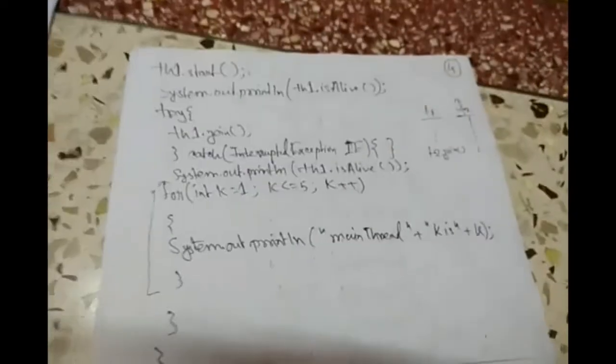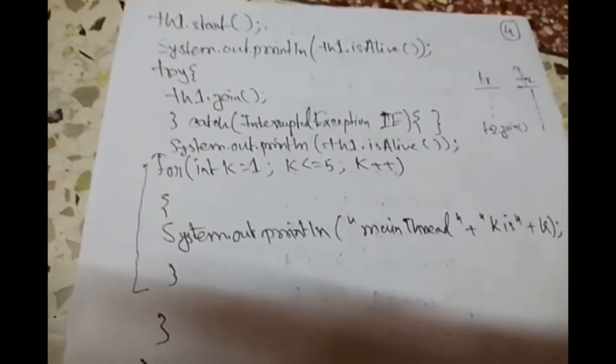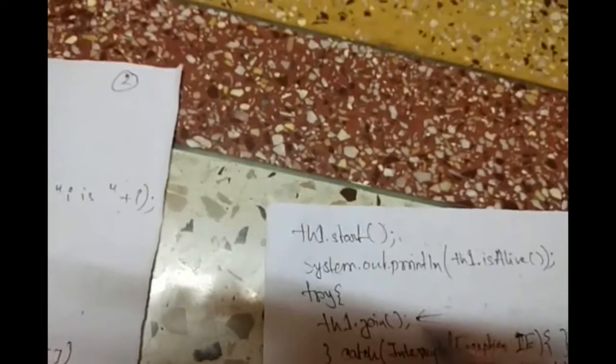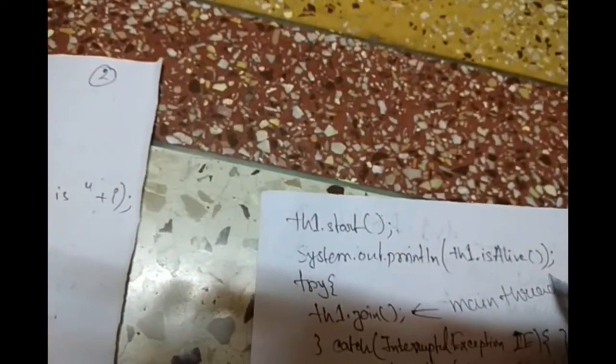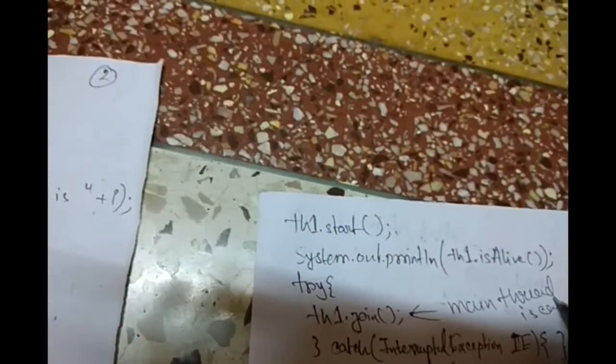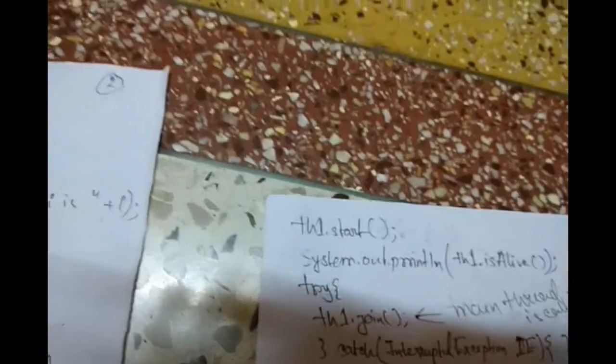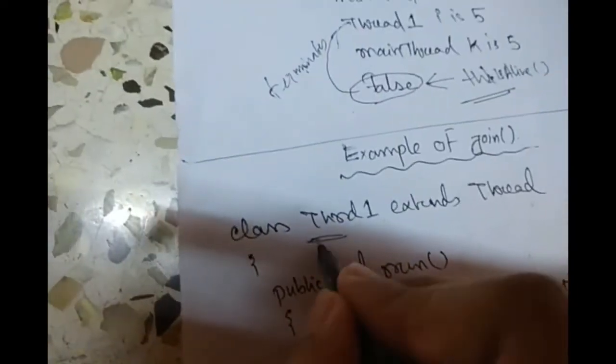So here the concept is that the main thread is calling th1.join.